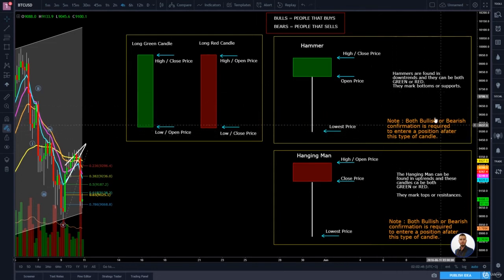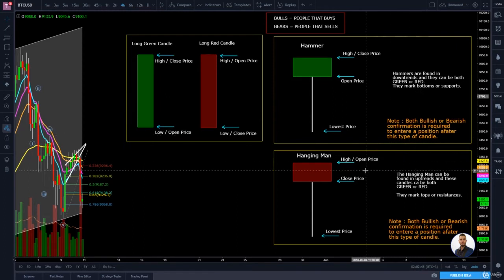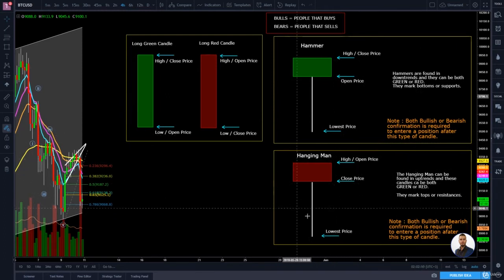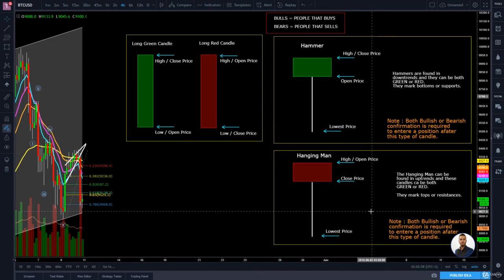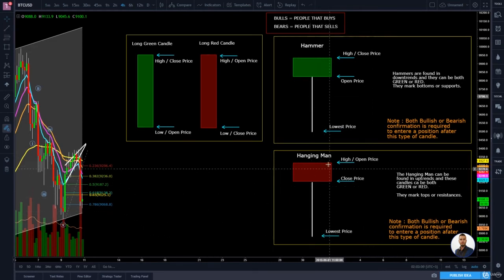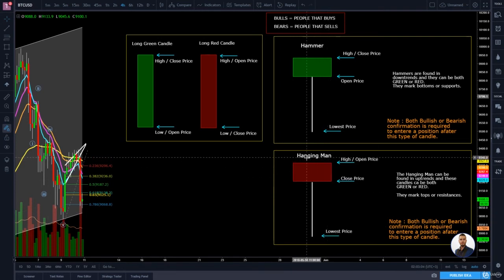The next candle that I would like to talk about is the hanging man. The hammer and the hanging man may look exactly alike, but have different implications. Both have small real bodies, green or red, long lower wicks and short or non-existent upper wicks.